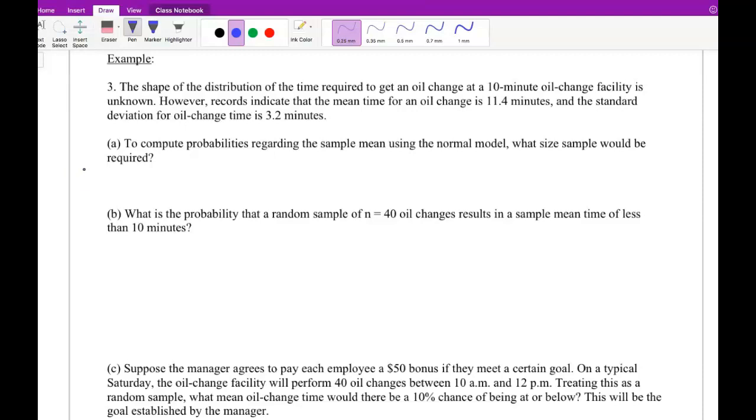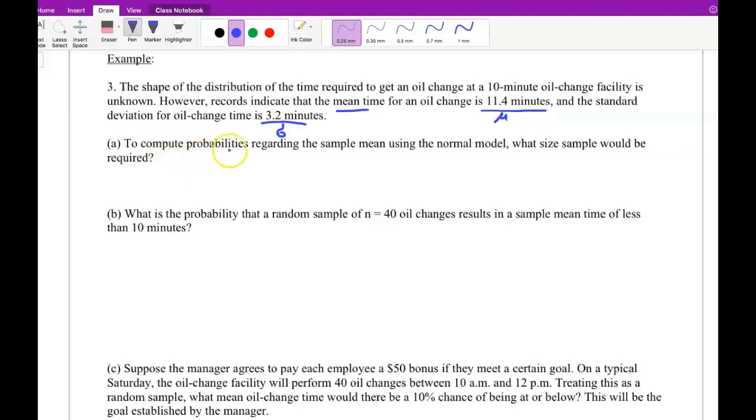However, records indicate that the mean time for an oil change is 11.4 minutes. So here the mean is 11.4, and the standard deviation is 3.2.